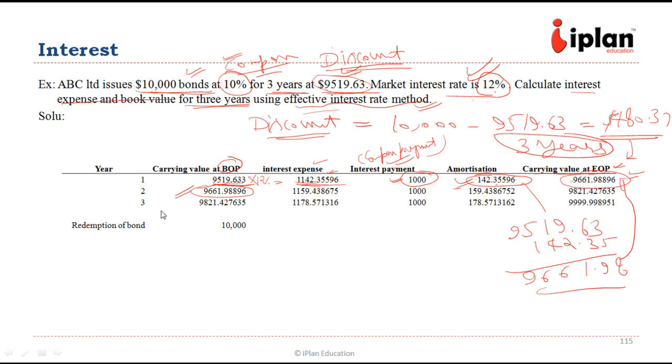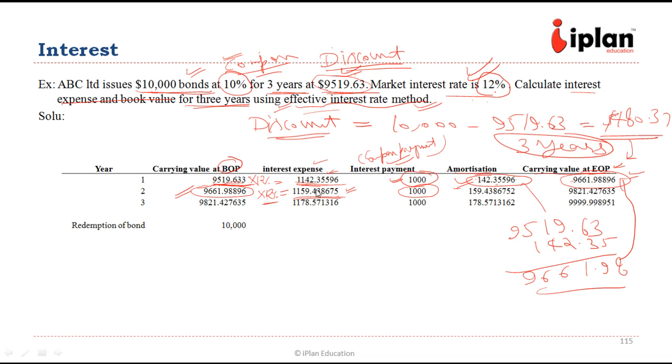Now let us see what happens in the second year. Again, the interest expense has to be calculated based on the effective interest rate method, that is carrying value into market rate at the time of issuance. So 12% into this number, we get 1159.43. So this is our interest expense. But again, the company has paid $1,000, which was the coupon payment.